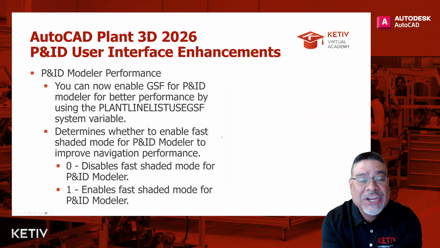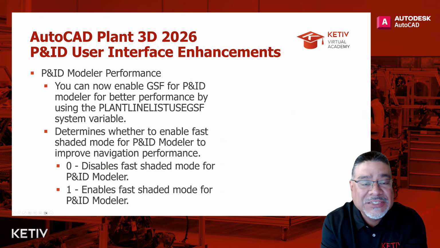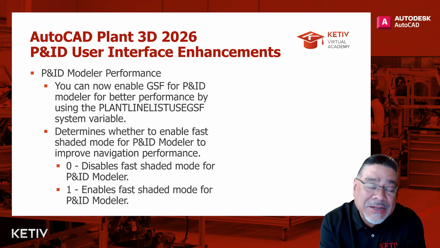The other thing that's changed, if you haven't noticed yet, is the P&ID modeler performance, it can vary sometimes with what the speed is and everything. And depending on the complexity of your P&ID model, and depending on graphics and RAM and everything, you might notice some performance issues.